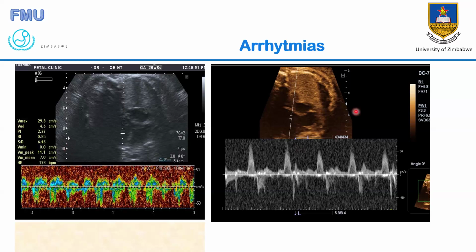Since there are people in the meeting, let me call them out. Ishumba, do you think the heart rate is normal? Yes or no? Is it a sinus rhythm? When you look at it, is the heart rate normal? Yes or no?